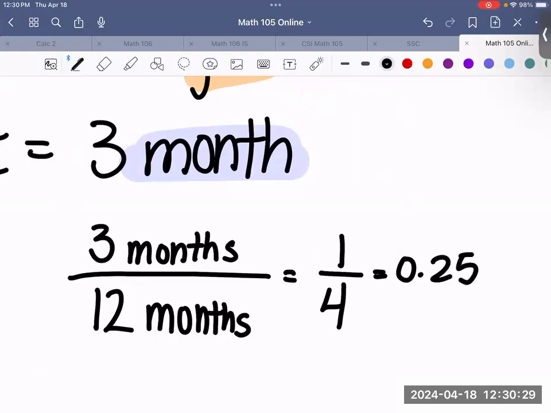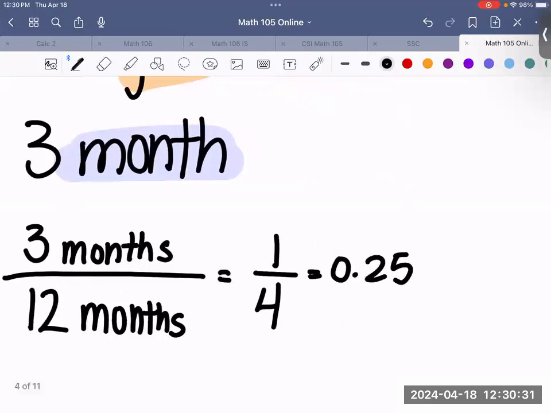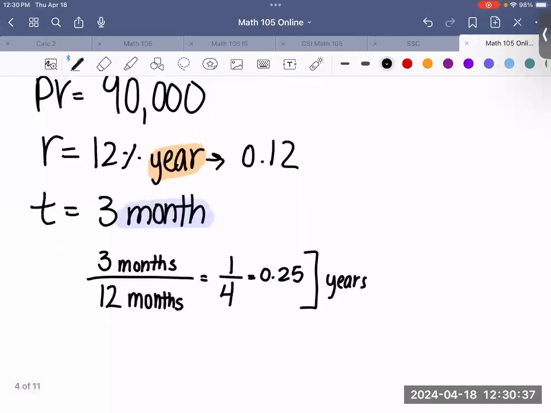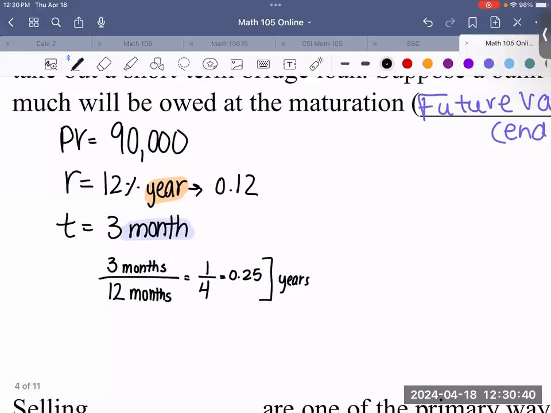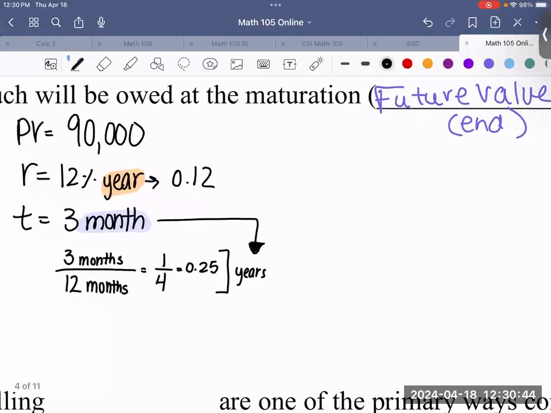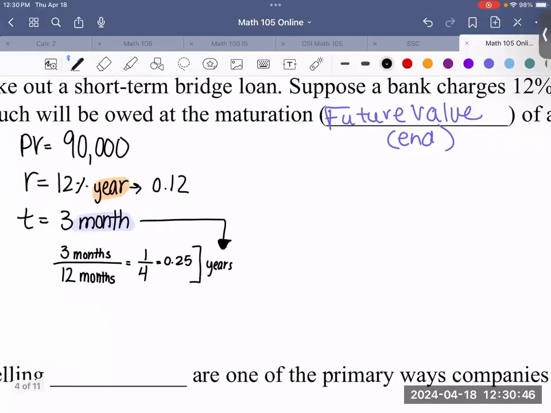Now you can use either of these values, but this is now in terms of years. So now that they are in the correct value, we're going to be using either 1/4 or 0.25. It does not matter which one you use.